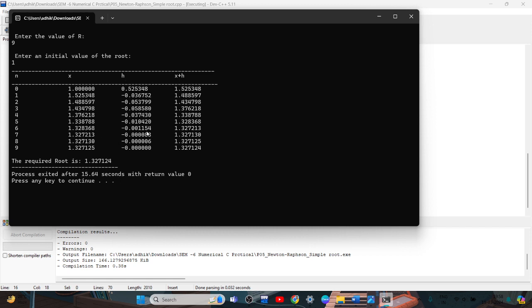The values of x are 1.327130, 1.327124 at the 8th step, 1.327125, and the 9th step is 1.327124. So the modulus of the difference between xn and xn plus 1 is less than the error term. So the required root, correct to 6 decimal places, is 1.327124.